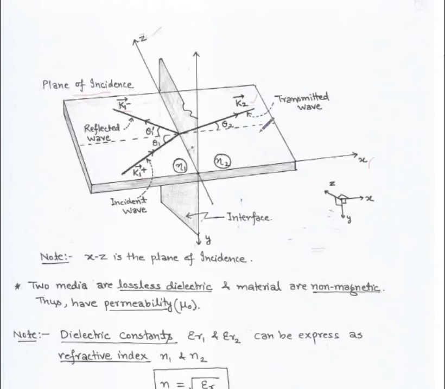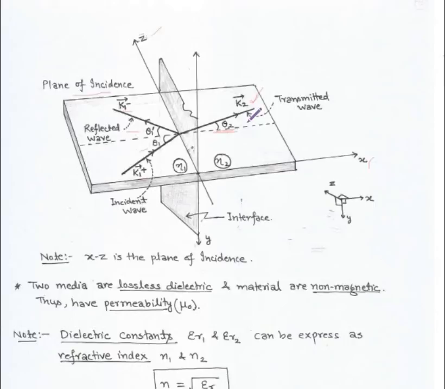Here the k vector is called the pointing vector. In case of oblique incidence, the propagation of the wave is between the x-axis and z-axis. The transmitted wave, that is the k2 vector, makes an angle theta 2, which is called the transmitted angle. Here theta 1 is called the incident angle and theta 1 dash is the reflected angle.